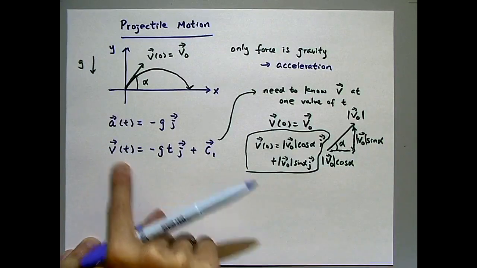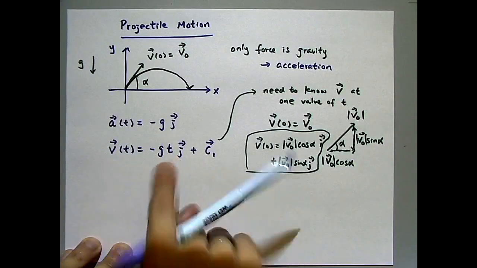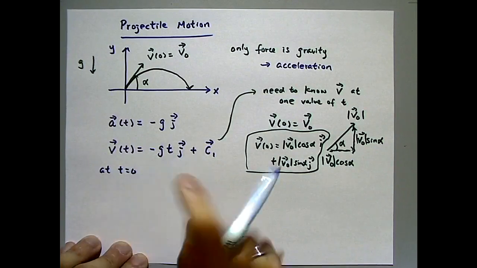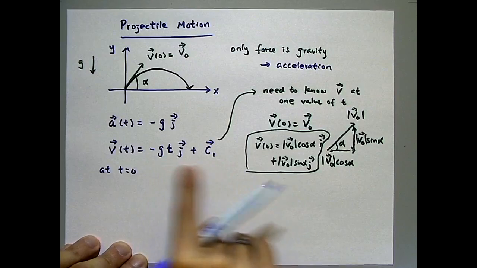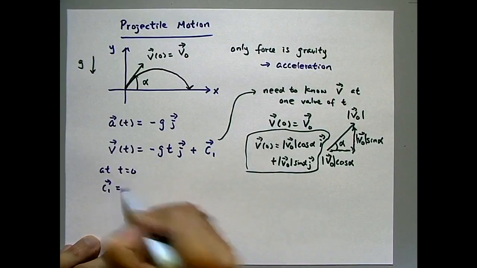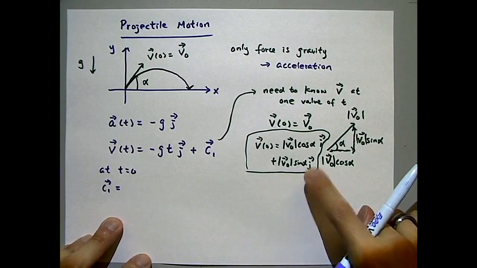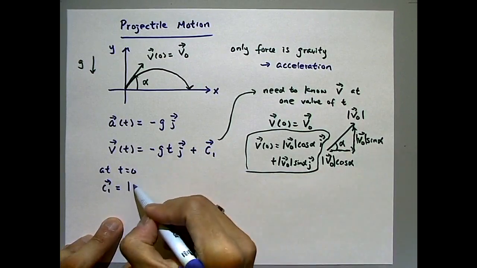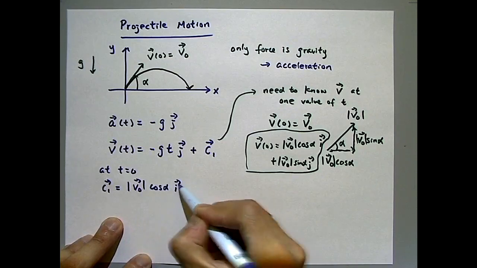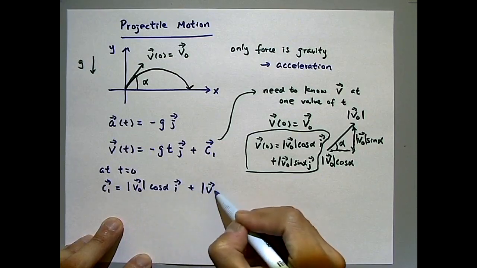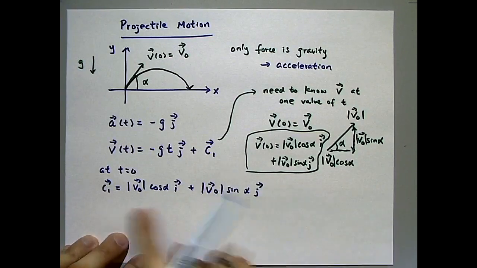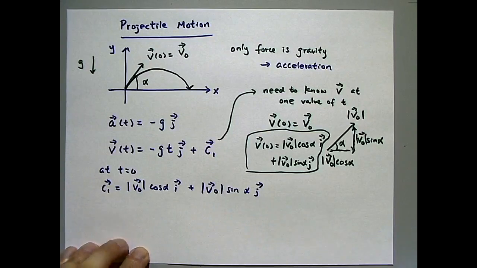Now I plug in t equal to 0 into here. At t equal to 0, the only thing that survives in my function here is c1. But we also know it is equal to this. So this is automatically my constant vector.